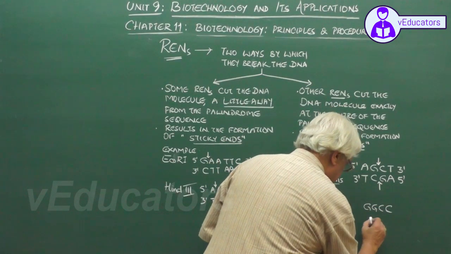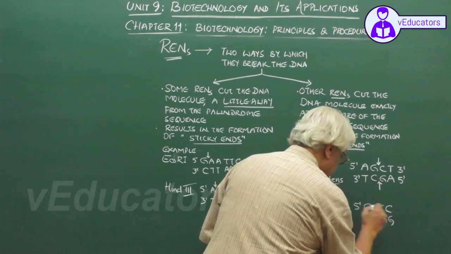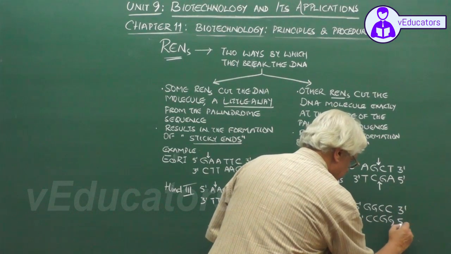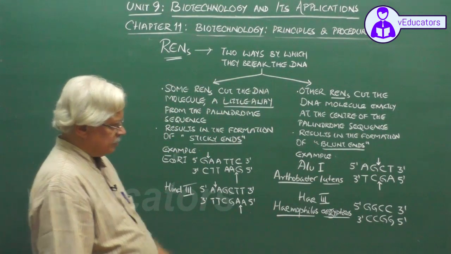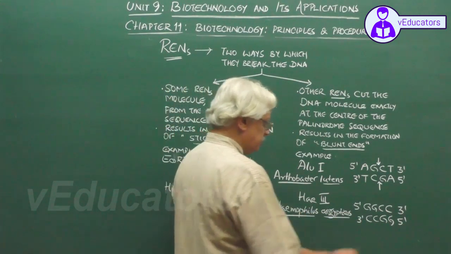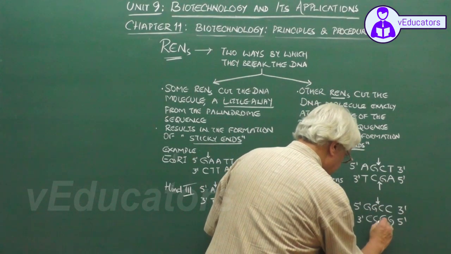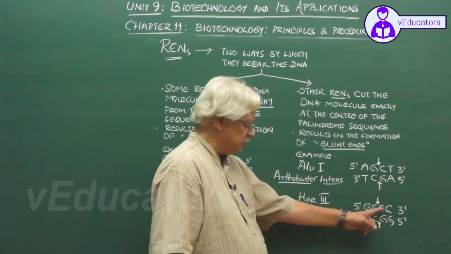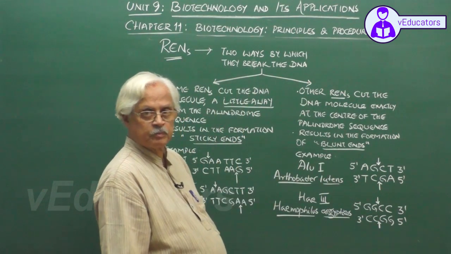This restriction enzyme recognizes the palindrome sequence GGCC, and the enzyme cuts exactly in the center at this point. Therefore, it will be again blunt ends.